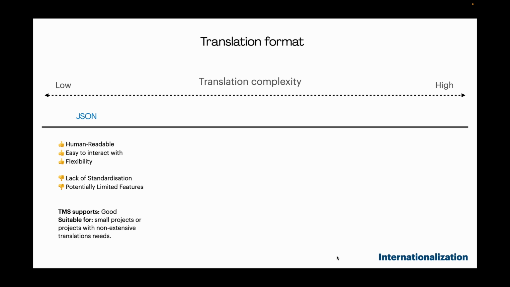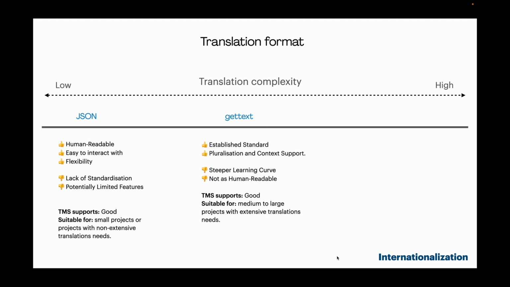This format may not offer as many features as dedicated translation libraries, potentially limiting your ability to handle pluralization, context, or dynamic text formatting. GetText format. In contrast to JSON, GetText was especially designed for translations. GetText is the oldest format among these three and is well established for managing translations in software development.